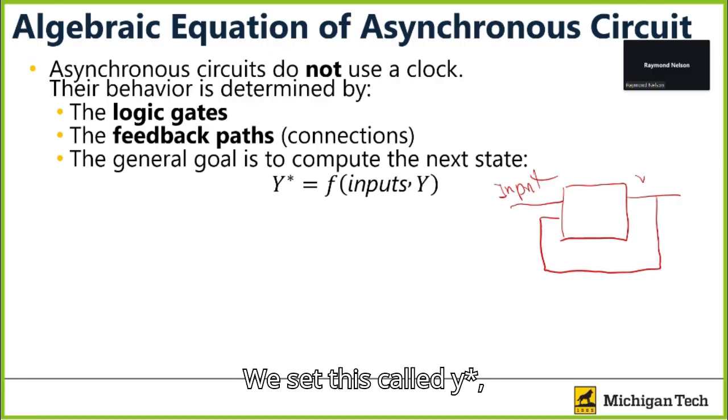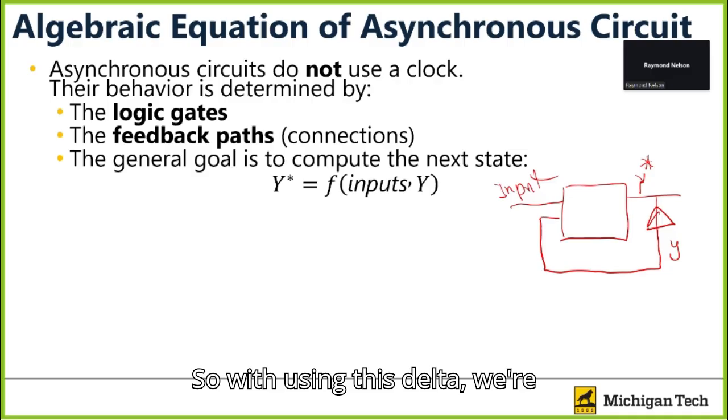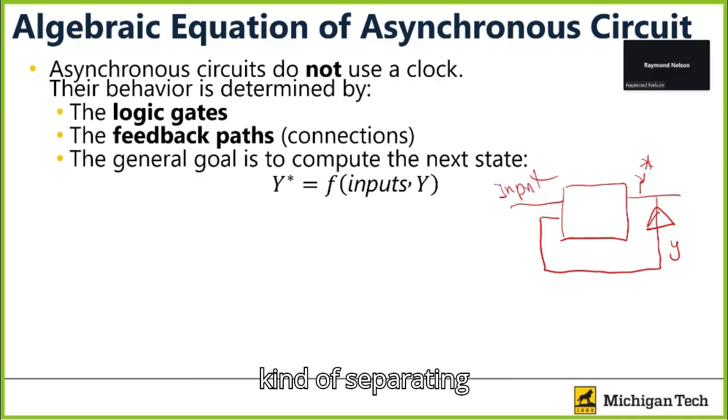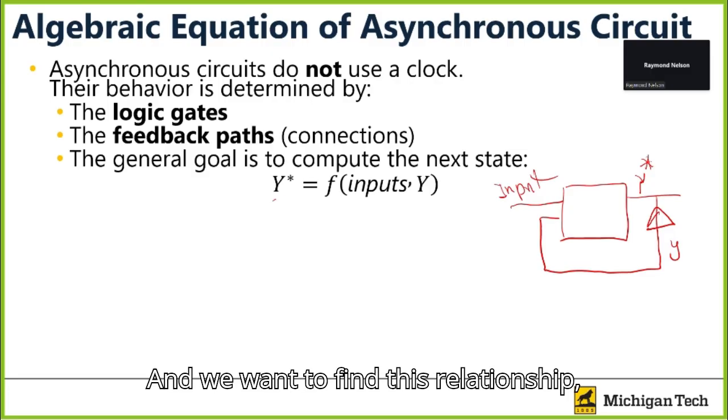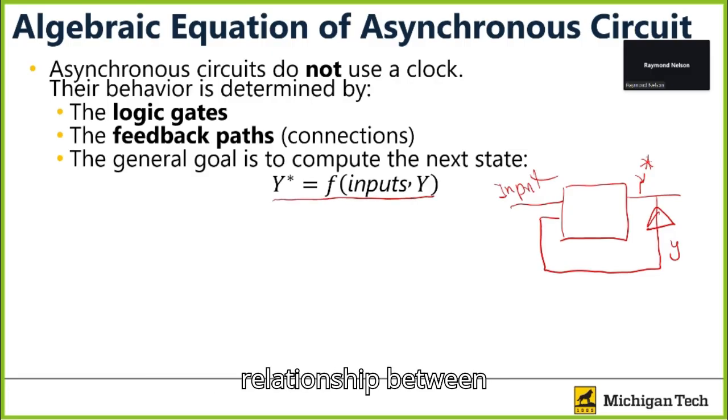We set this called Y star, and we put delay delta. This is Y. So using this delta, we are separating the previous state from the last state. Y star is the last state. And we want to find this relationship between the previous state Y and the last state, Y star.